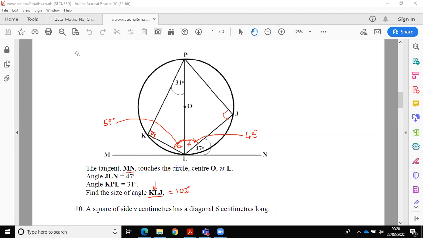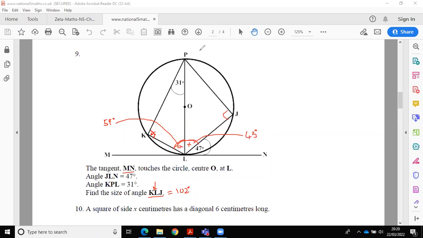Where a tangent meets a radius, or in this case a diameter, but a radius from O to L, that creates a 90-degree angle as well. So look for your 90-degree angles. Remember, diameter and chords you work differently with, so make sure you're comfortable with chords as well.